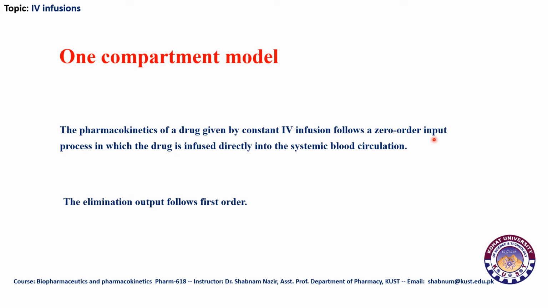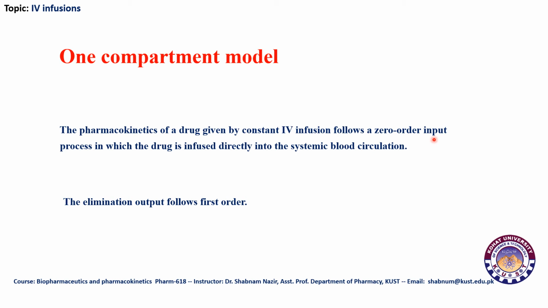In the case of absorption, for example, it would be at the site of absorption. In the case of distribution or elimination, it would be in the blood circulation. In the case of metabolism too. So in the case of zero order input, it simply means the rate of absorption is independent of the concentration or amount of drug.